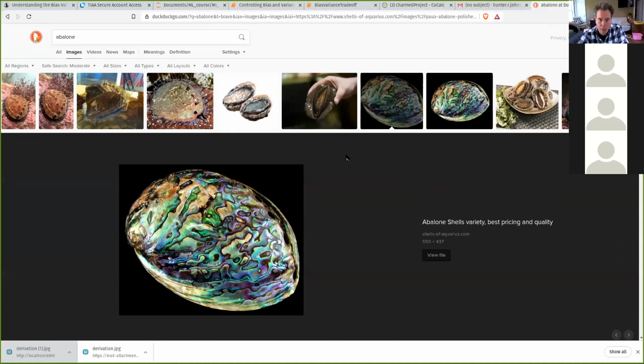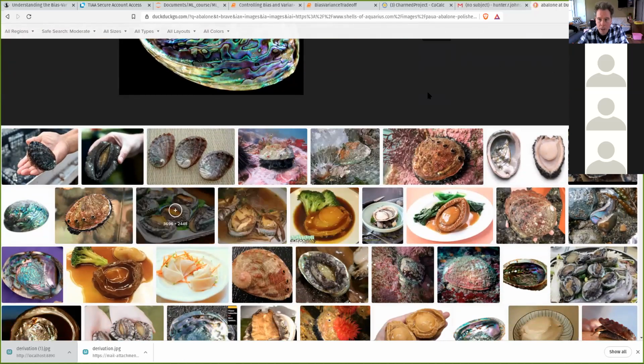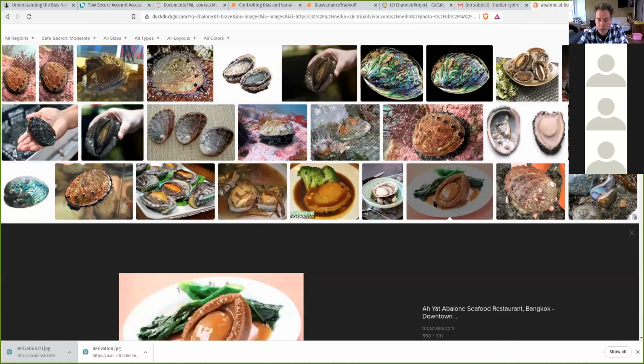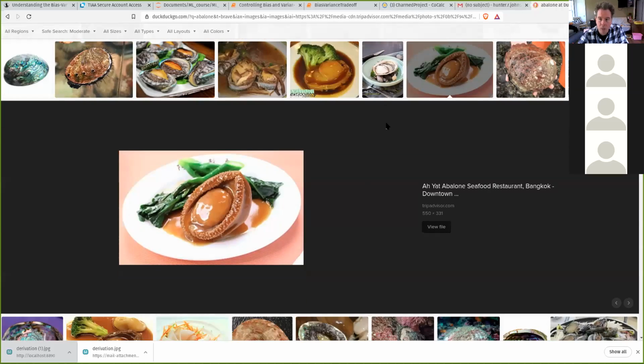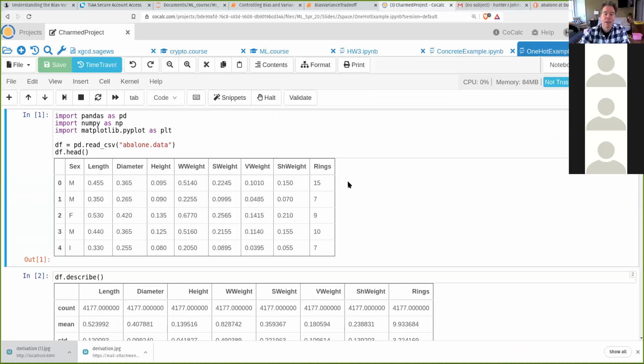You guys remember which kind of bivalve that was? You can eat them and they're delicious. Wow, look at that. It's kind of suggestive. Come back here.